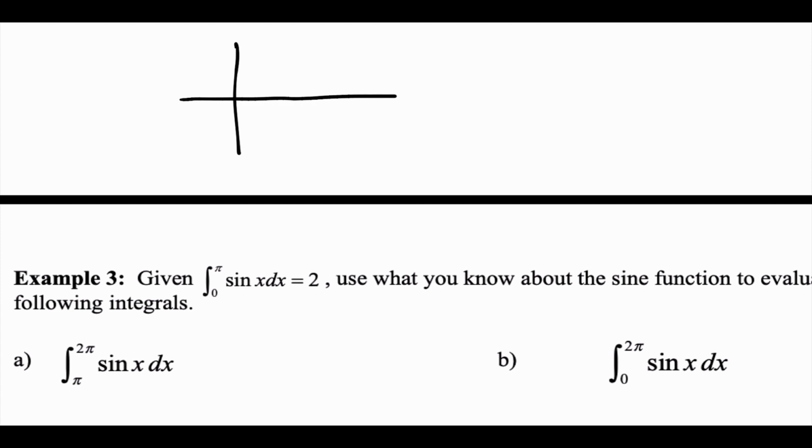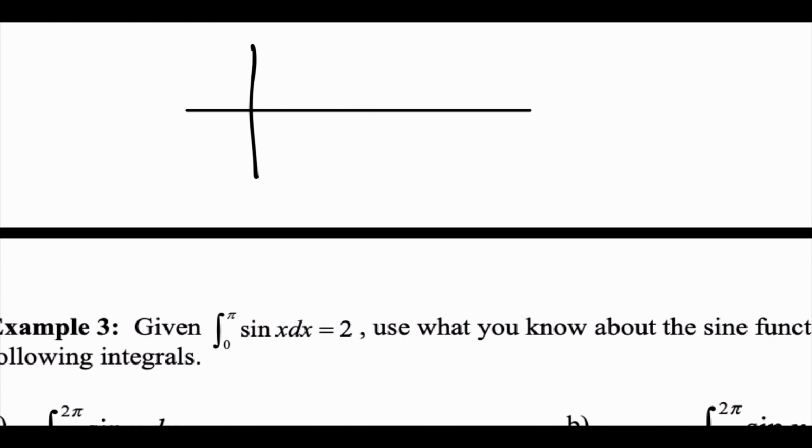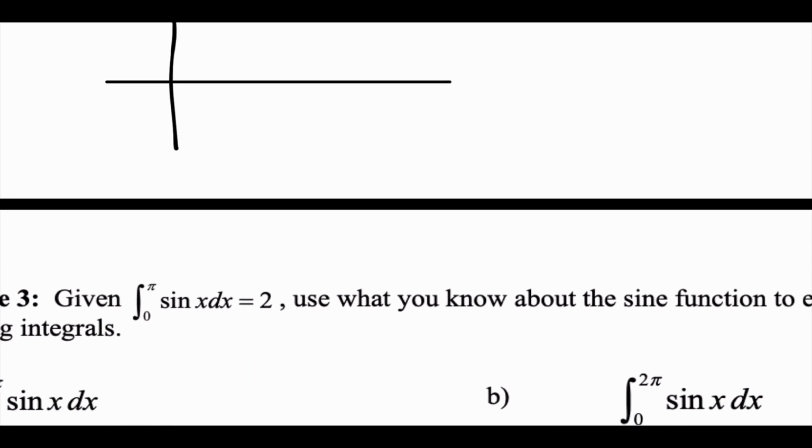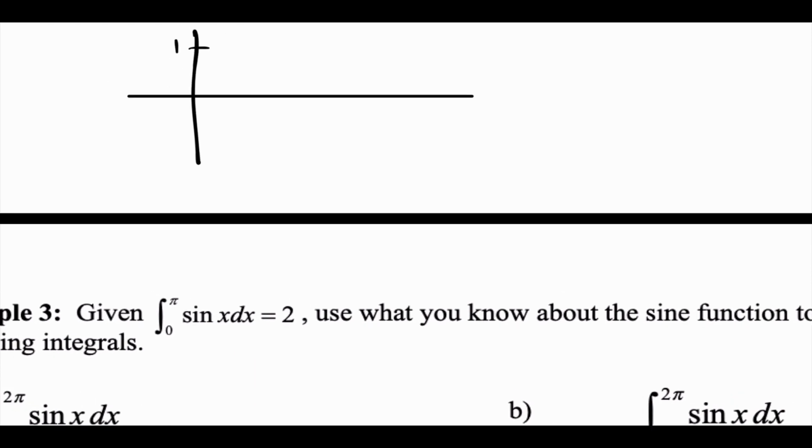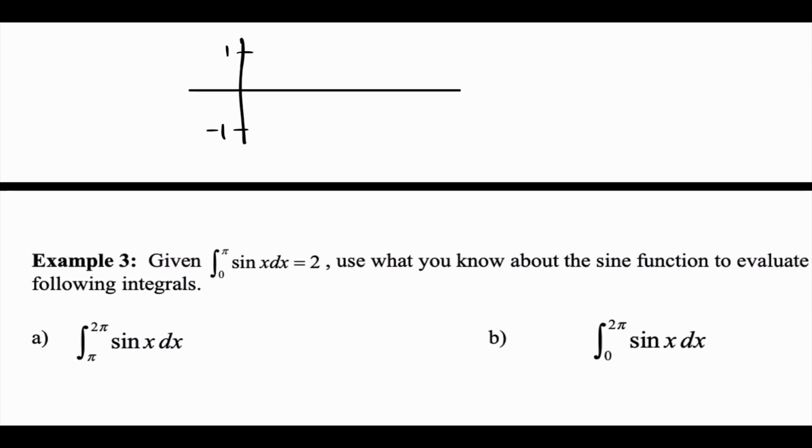So one phase, one cycle, I should say, of the sine. Let's see, -1, +1. We got pi over 2. We got pi, 3 pi over 2, and 2 pi.